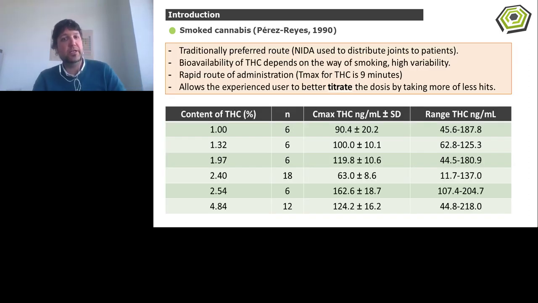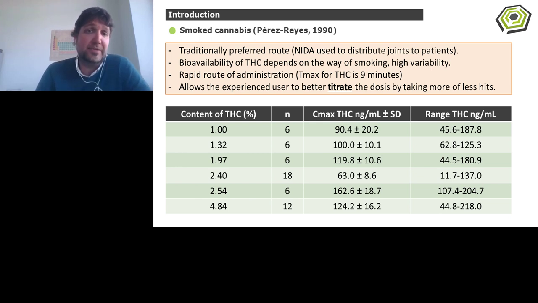Traditionally, cannabis has normally been smoked. Even NIDA used to distribute joints to patients. The bioavailability of THC depends on the way of smoking, whether you take long draws or shorter draws, and other particulars of your smoking device.